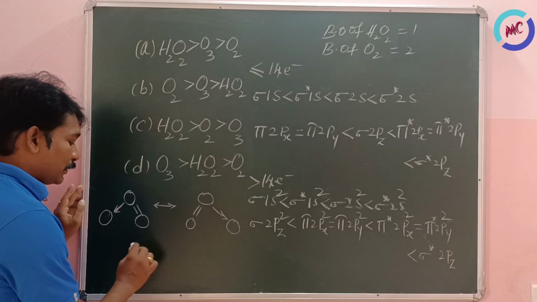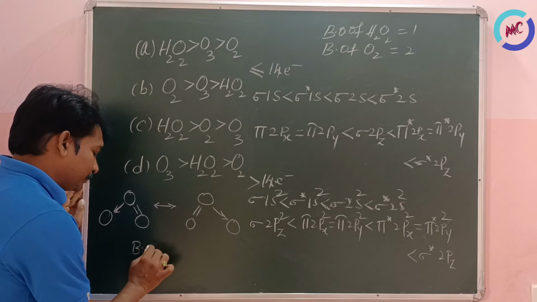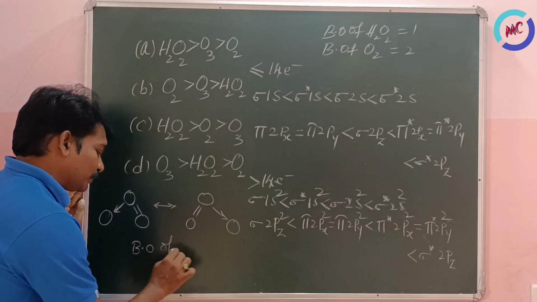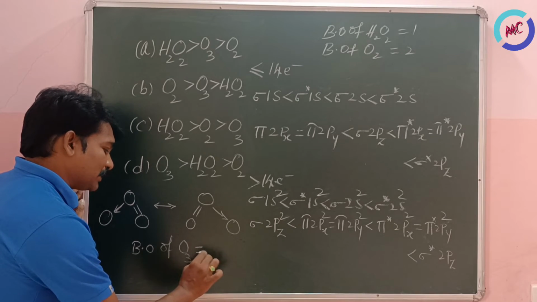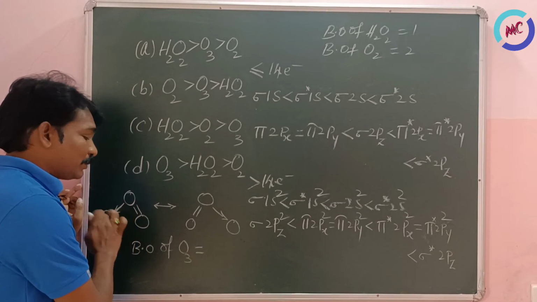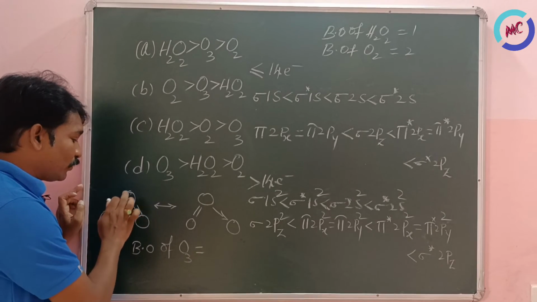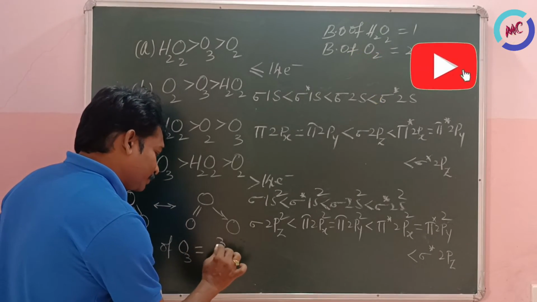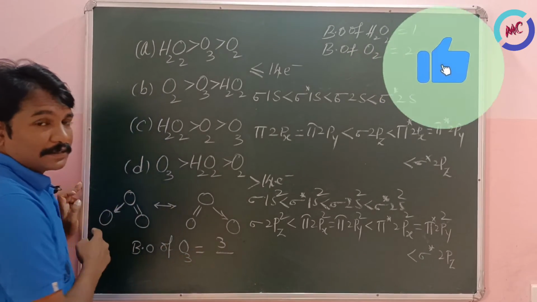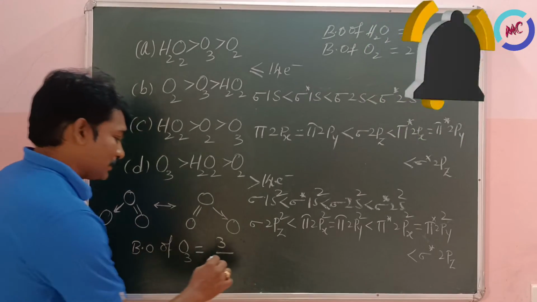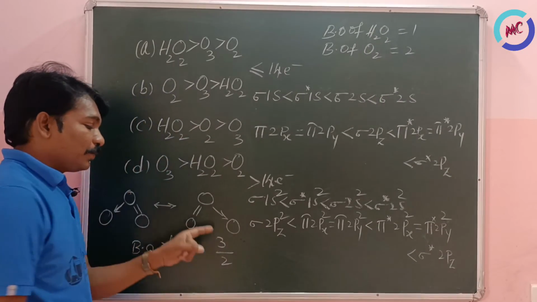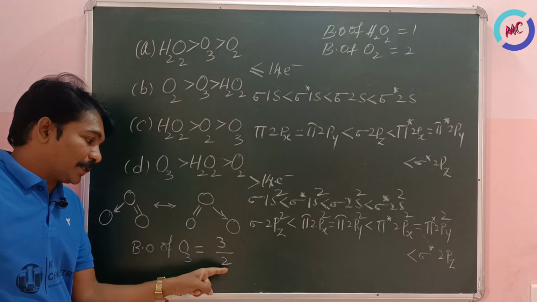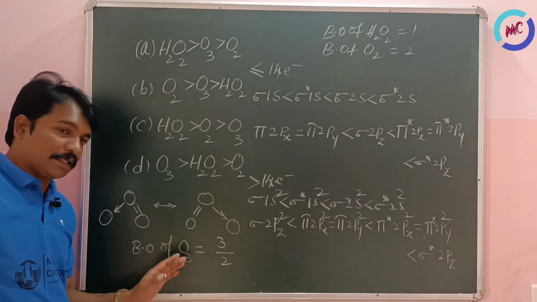Now, the bond order of the ozone molecule O3 is equal to the number of atoms in a molecule. How many atoms are there? 1, 2, 3. 3 atoms are there. How many resonating structures? There are 2 resonating structures. Number of atoms in a molecule by number of resonating structures gives bond order.